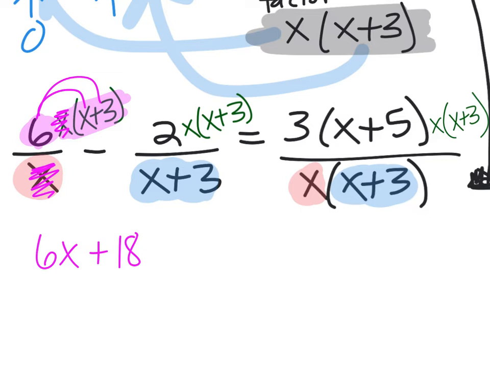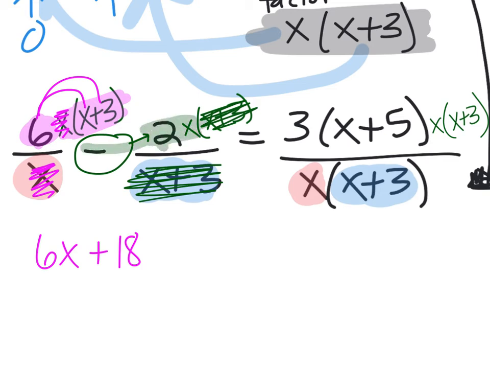In my next fraction, and pay attention, we have a negative here. So this is like a negative 2. We can simplify the x plus 3, this identical binomial. So we're just left with a negative 2x. And then we have our equal sign. And what can we simplify? We can simplify everything in the last fraction, which is always nice.